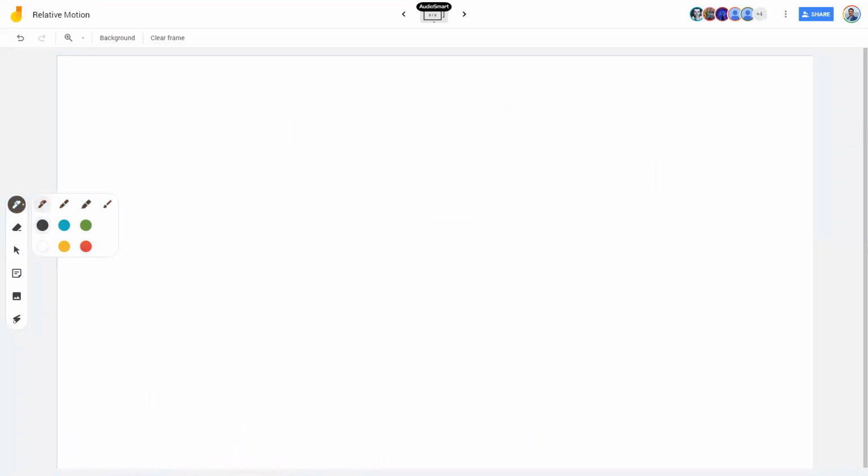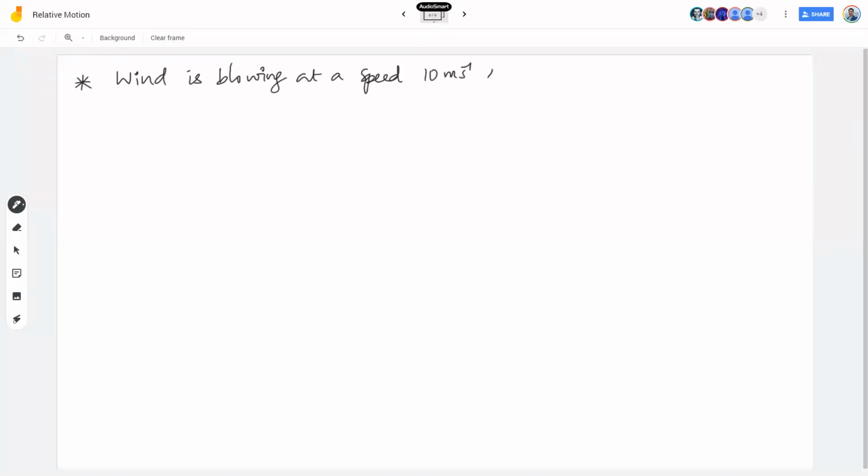I think there is a question in the NCERT textbook from yesterday's homework. I don't know the question exactly, and I don't know the numbers, so I'll give random numbers only. Wind is blowing at a speed of 10 meters per second eastwards.